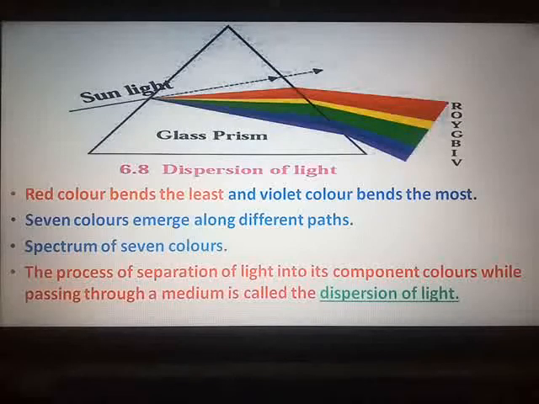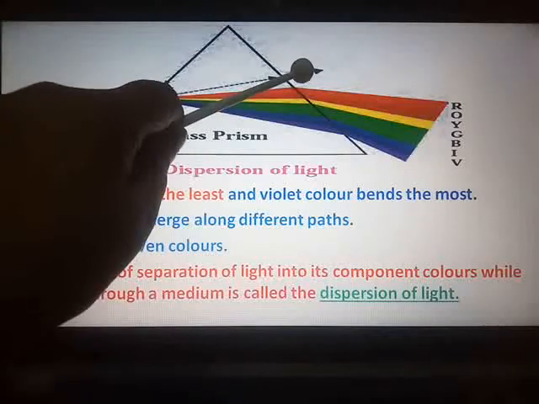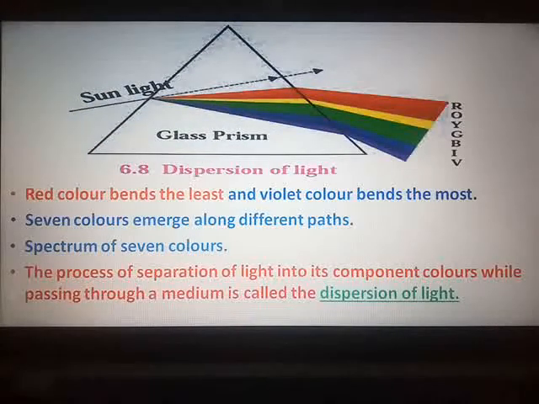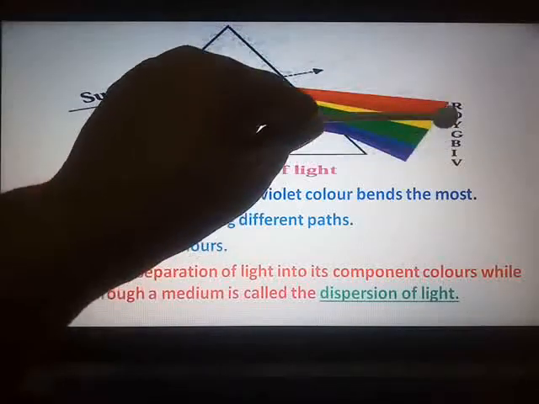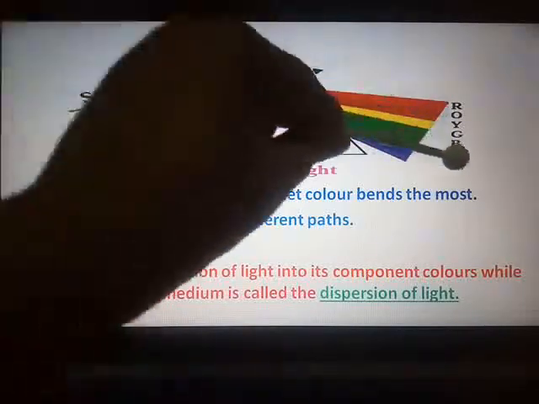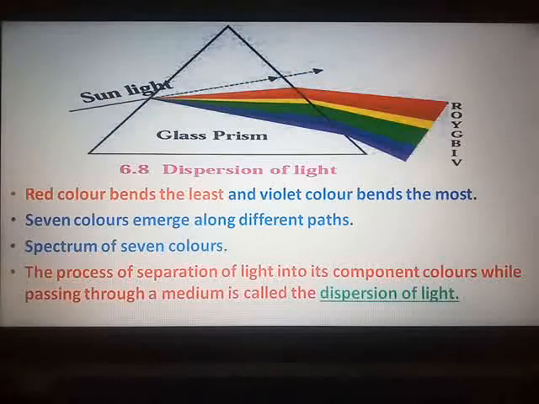Now based on this topic, they can ask you a neat labeled diagram of dispersion of light. Here you have to take care. You should not use any color in your answer sheet, board answer sheet or your school exams. You have to only label the names of the colors. You can use black colored pen, blue colored pen or a pencil. Apart from this, any other color is not allowed in the board answer sheet.